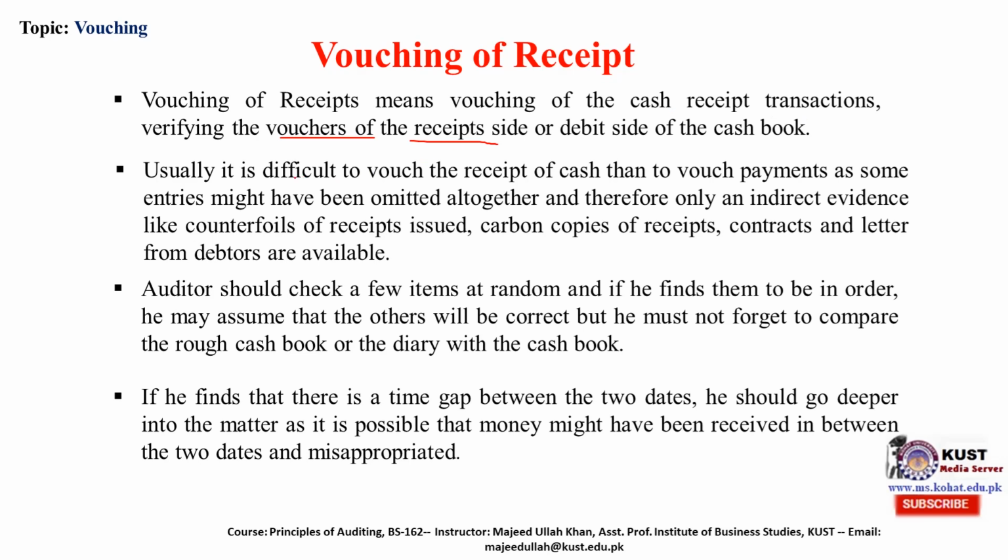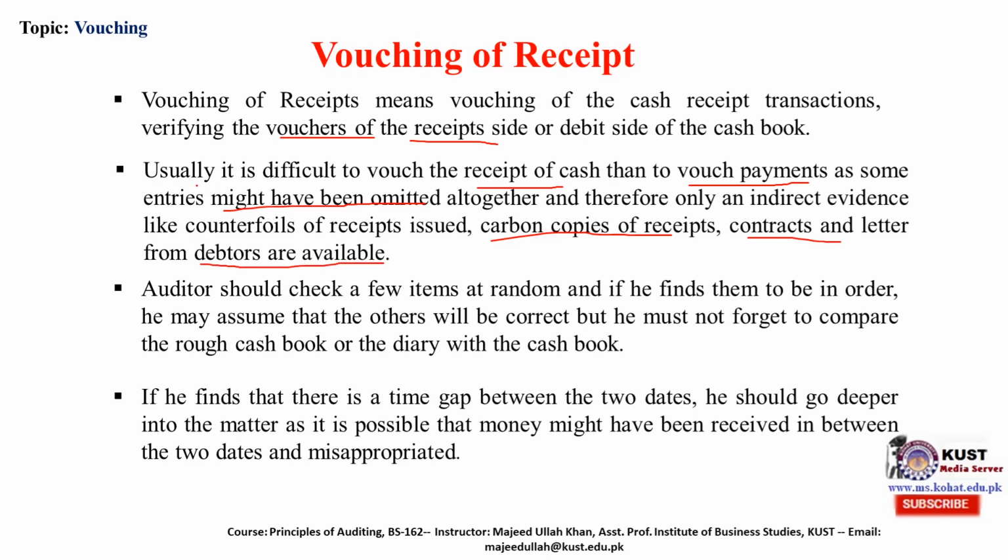Usually it is more difficult to vouch the receipt of cash than to vouch a payment, as some entries might have been omitted altogether. Therefore, only indirect evidence like counterfoils of receipts issued, carbon copies of the receipts, contracts, and letters from debtors are available.